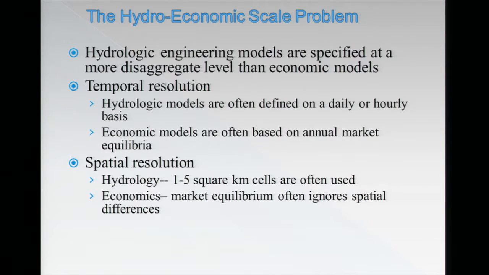On the other hand, spatial resolution is also a problem. In hydrology, of course, we have our nodes, and yet in economics, we often ignore spatial resolution, which is a really bad idea when we're getting economic results from physical inputs.